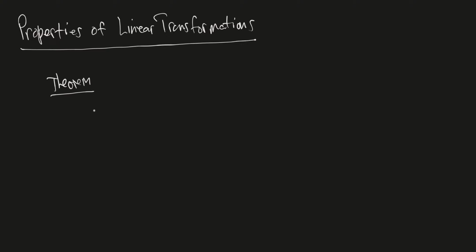and it says, let T that goes from Rn to Rm, the familiar setup now, be a linear transformation.